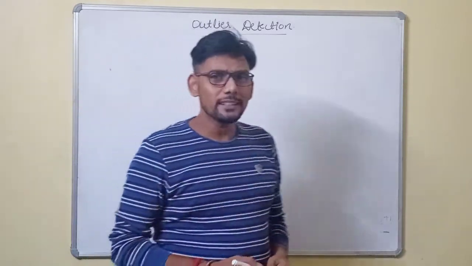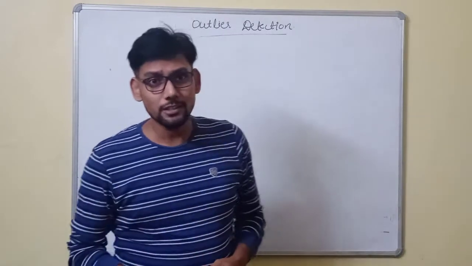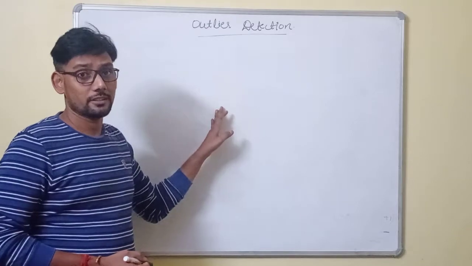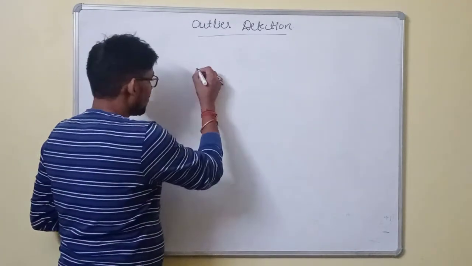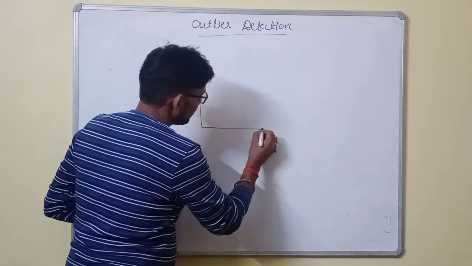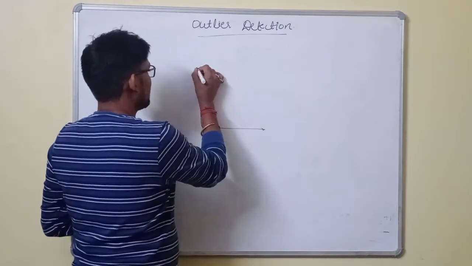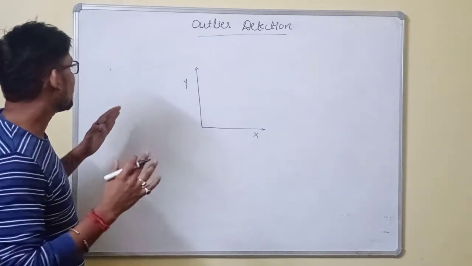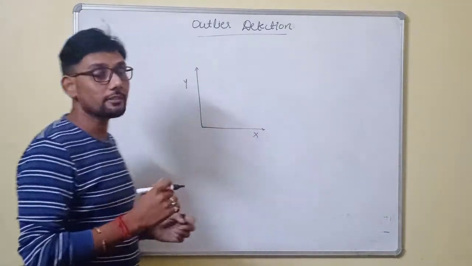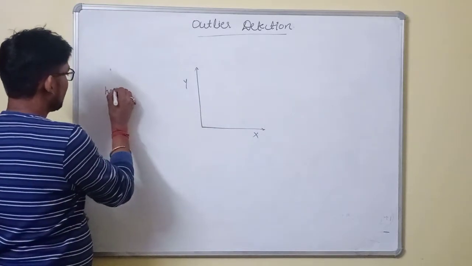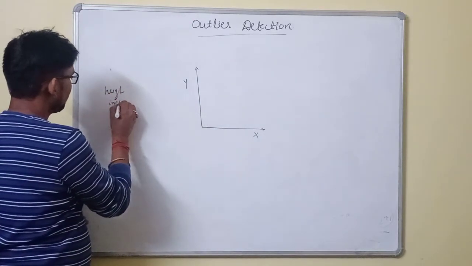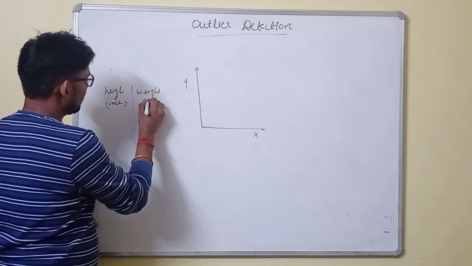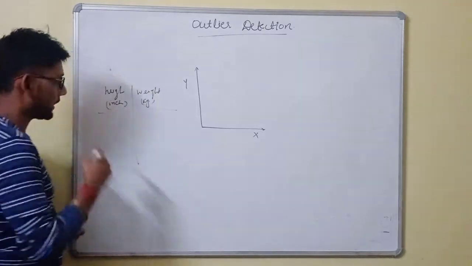So basically, an outlier is a data point that is significantly different from other observations. Let's try to map it on an XY plane. So this is the X and this side the Y. And let's suppose we have a data set of person features where height in inches and weight in kg is given, right?